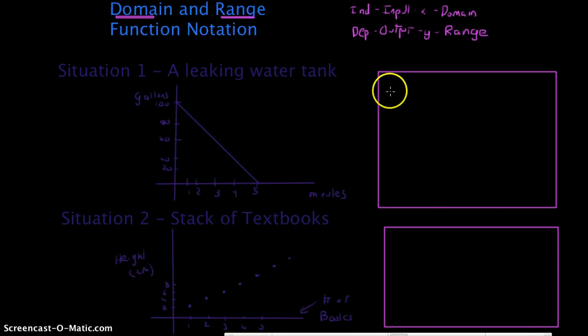So my domain here, well, I know that it's going to be the minutes. And I think we have to now identify what are all possible x values here. So we see that it starts at 0 minutes, and then as time goes by, it takes 5 minutes for this tank to empty.